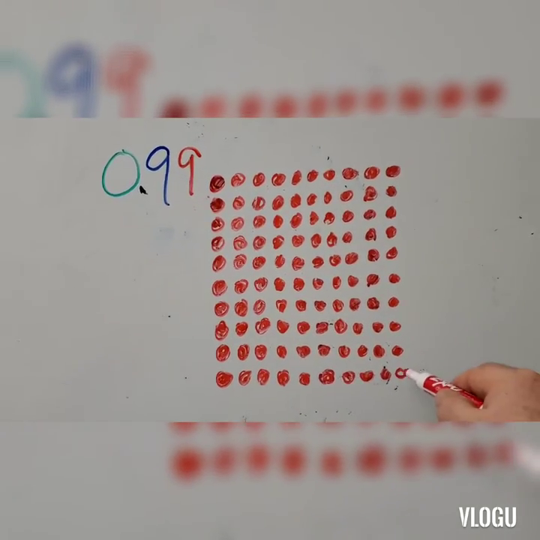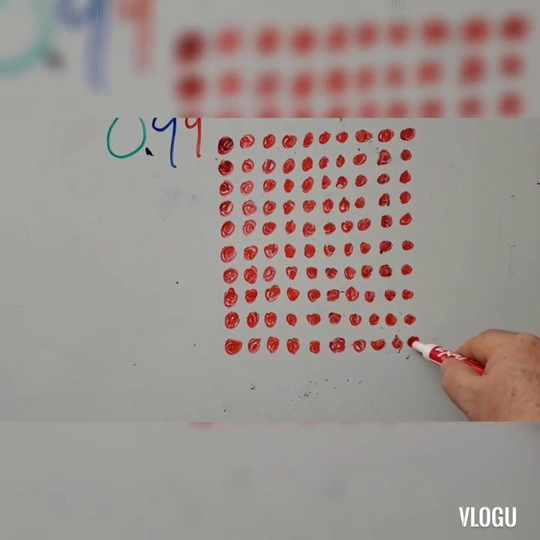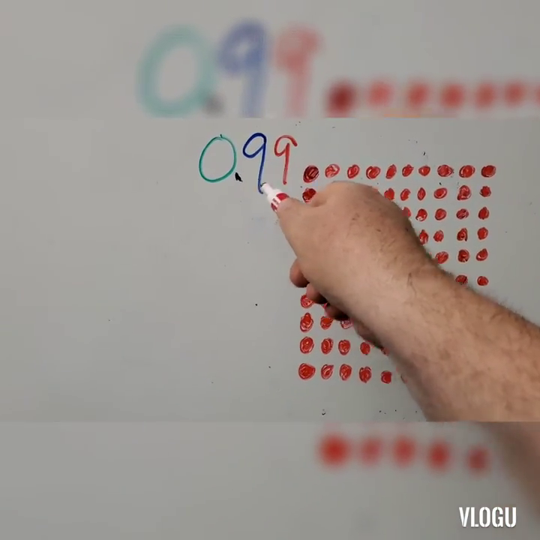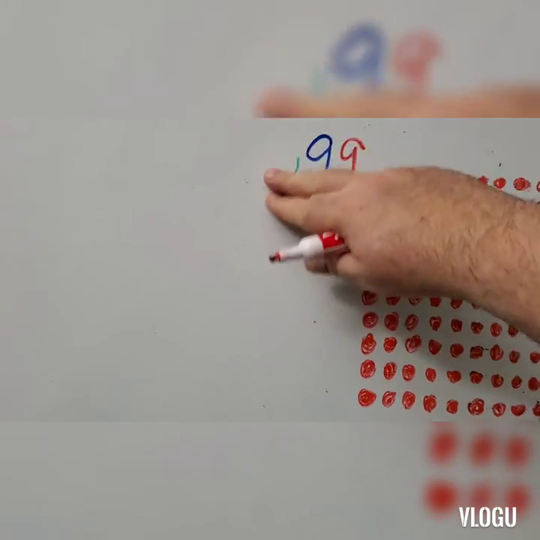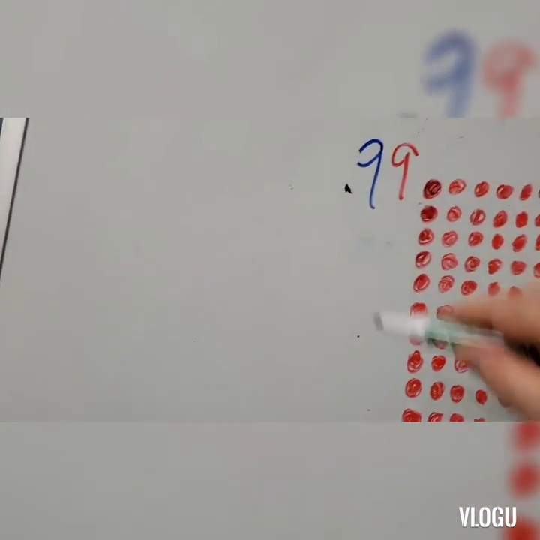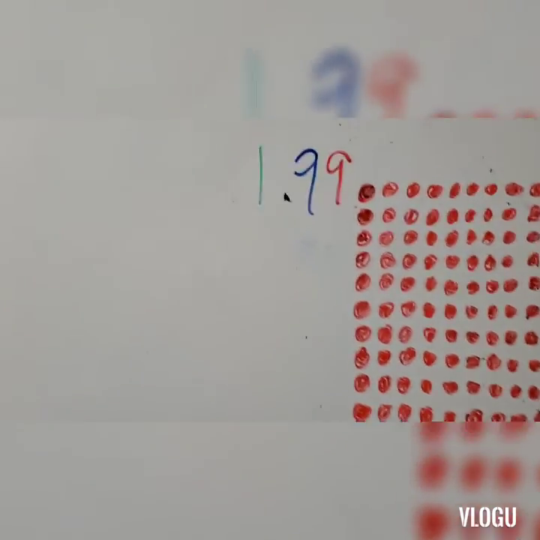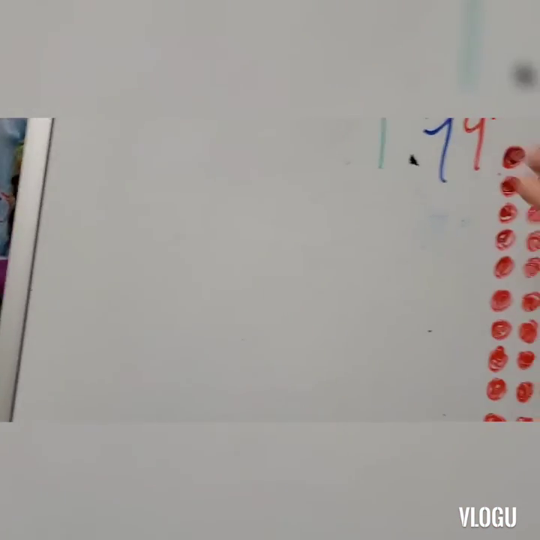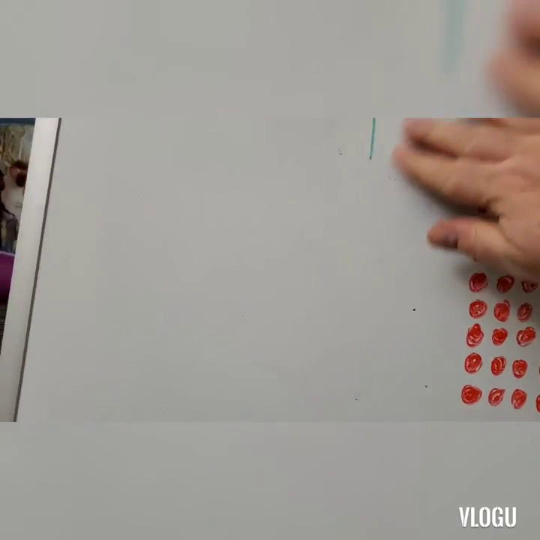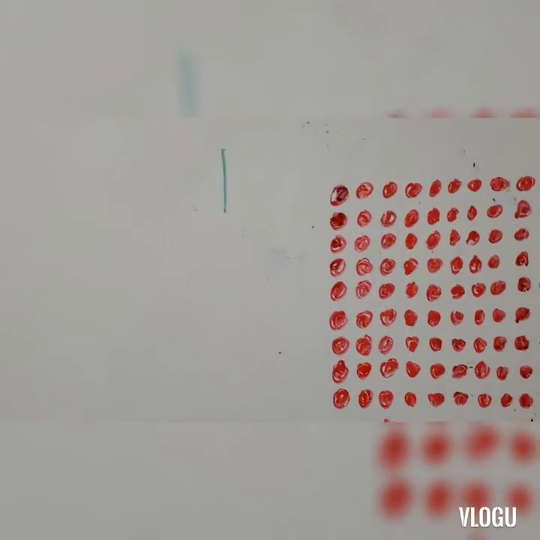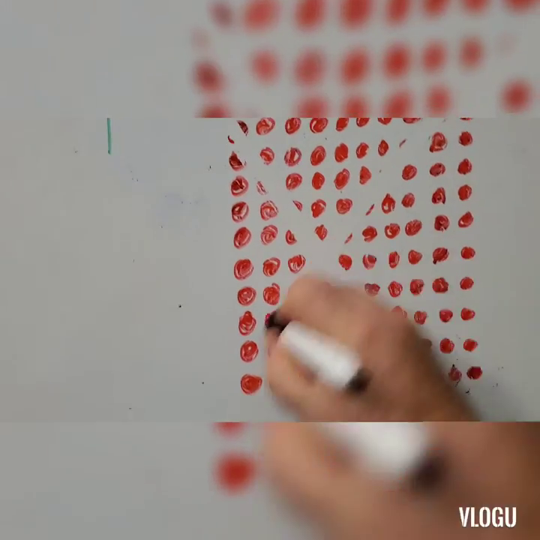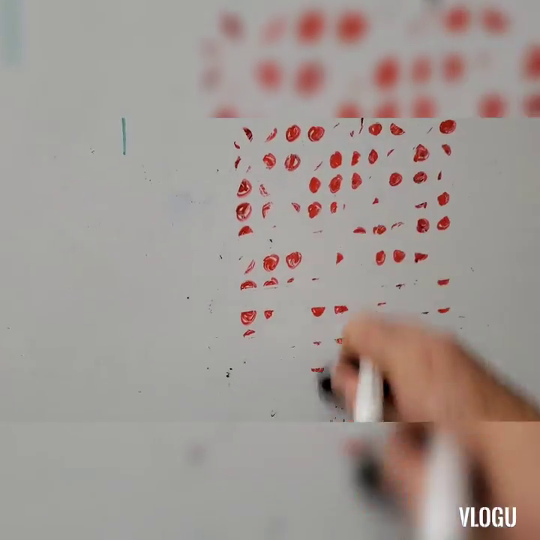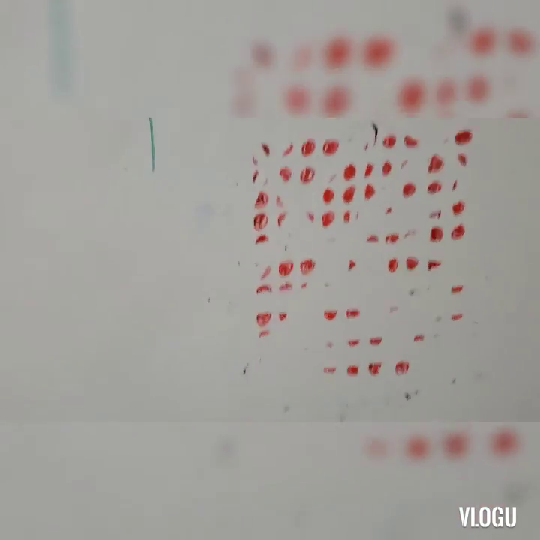If I add just one more, now everything is complete. This becomes 100. The 1 carries over. I have one whole. And everything else reverts to zeros or goes away. This all goes away because it's no longer less than 1. It is a whole.